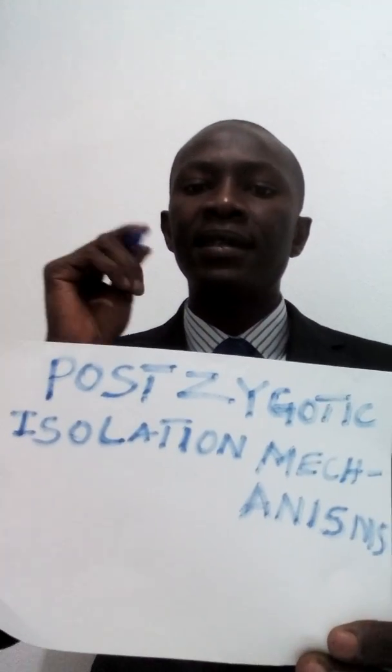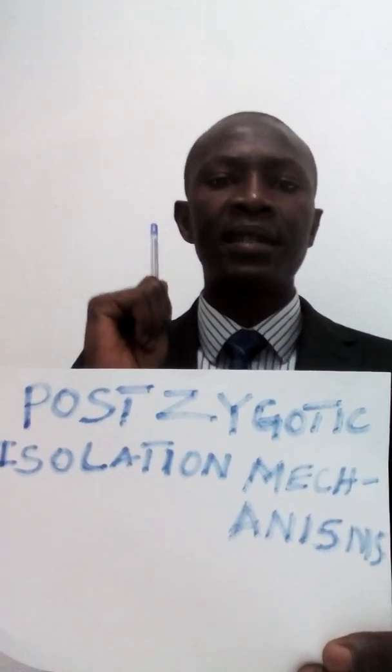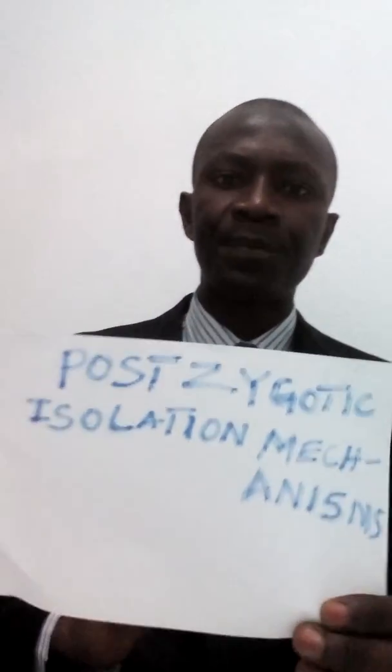Mating becomes possible already, which means the pre-mating isolation mechanisms have failed their responsibility. Here brings us to what we call the post-mating or post-zygotic reproductive isolations.